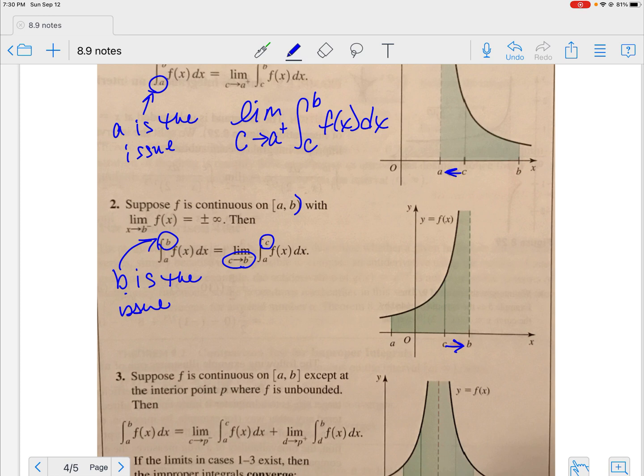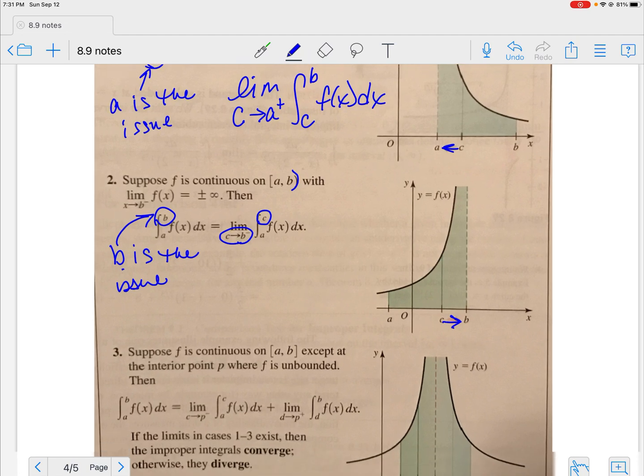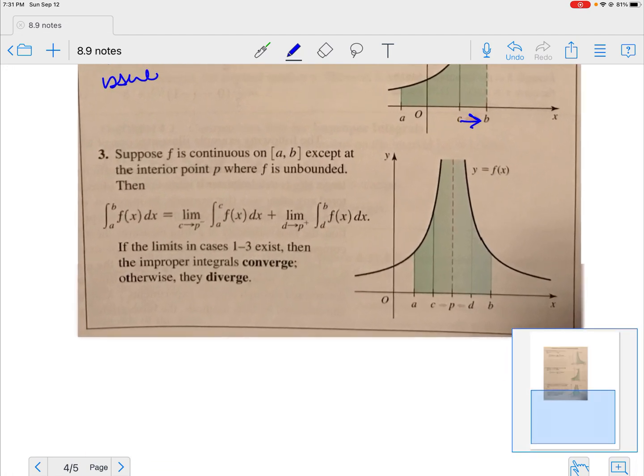Do you see that? That's how you know if you're approaching from the right or the left. So if one of those bounds causes an issue, like a 0 in the denominator, these are the kinds of things that we're looking for. Then you have to take the limit and take that one out, but you approach it from whatever side you need to because it's an actual number there.